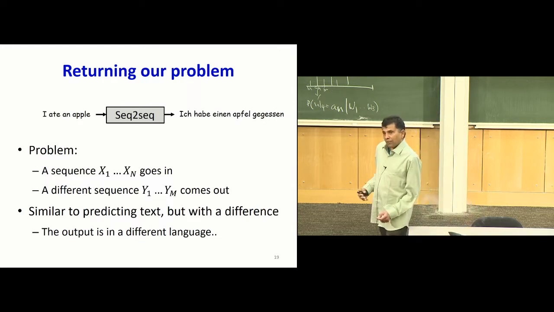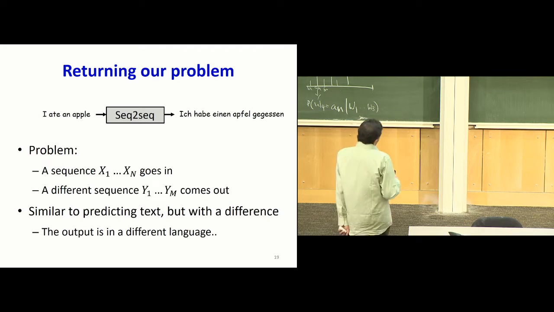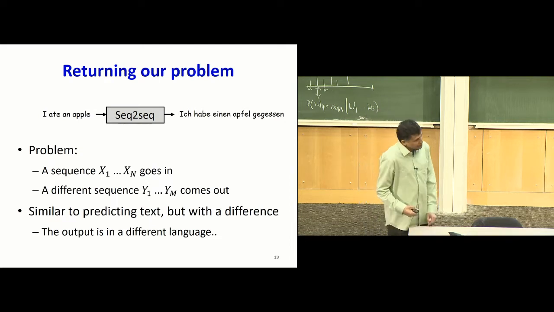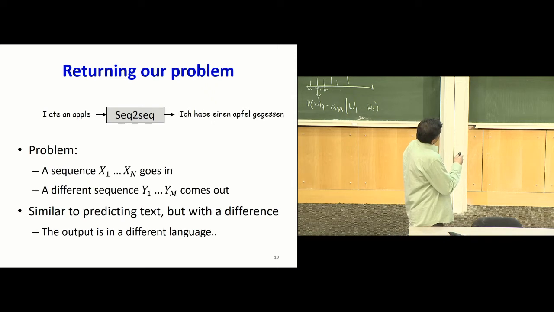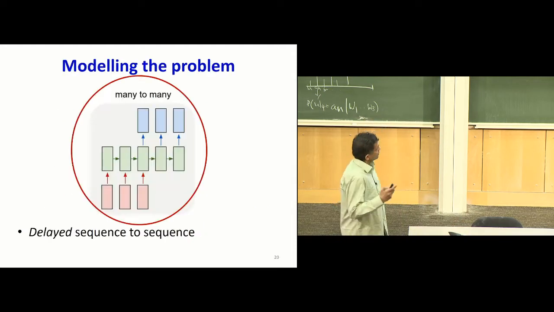Now, if you have a problem like machine translation of language, then the sequence that goes in is going to be in one language, the output sequence is going to be in a different language. Now, this process is very similar to predicting text, but there's a crucial difference in that the vocabulary for the input sequence is different from the vocabulary for the output sequence.